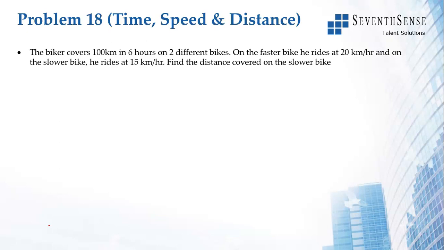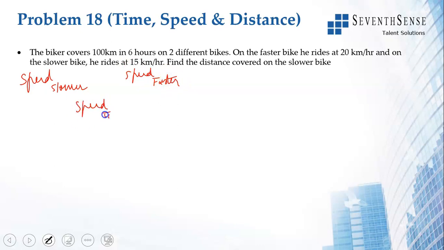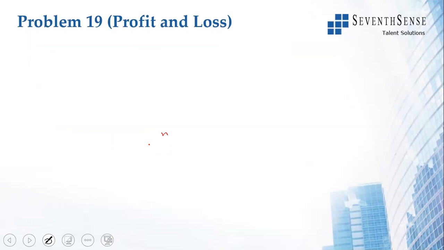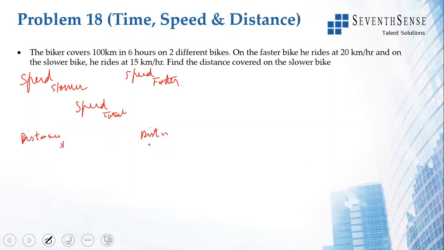We will get speed slower, speed faster, speed total, and that will give you the distance covered on the slower bike and the distance covered on the faster bike.